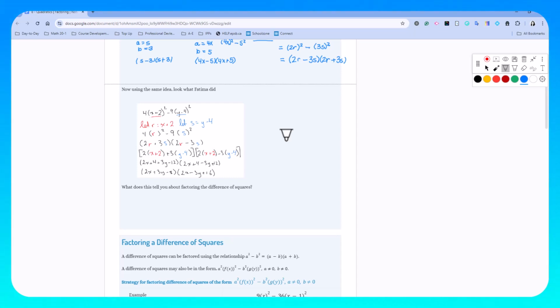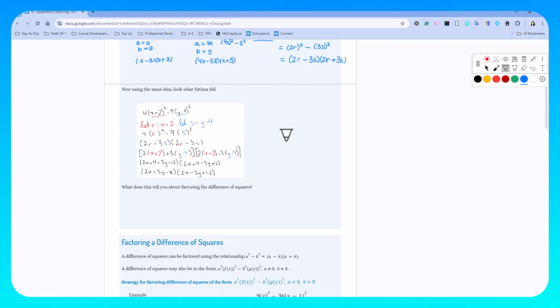Now she has this much simpler expression, 4r squared minus 9s squared. She's used her ordinary difference of squares, just like the one we saw up there, to get 2r minus 3s times 2r plus 3s.